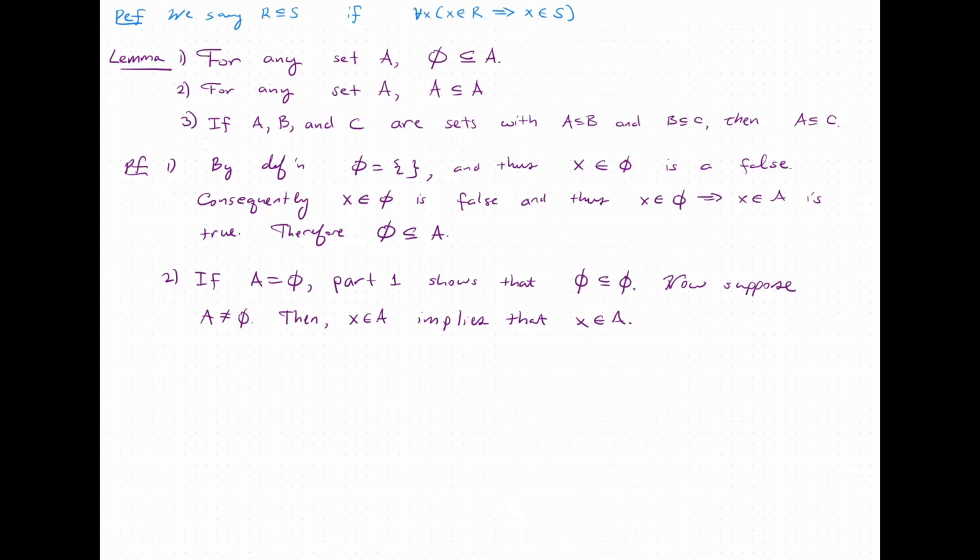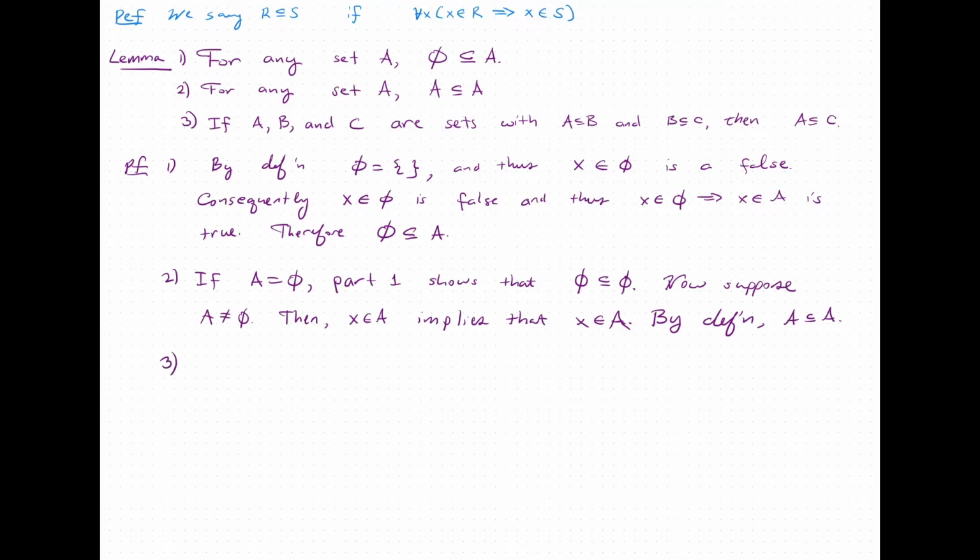Again, x is in A, and we're just concluding x is in A, so we really have not done anything. But we are using the fact that A is non-empty so that we can choose that element x in A. By definition, x is in A implies x is in A holds for every x such that x is in A, and so we do get, by definition, that A is a subset of A. And so by definition, A is a subset of itself.